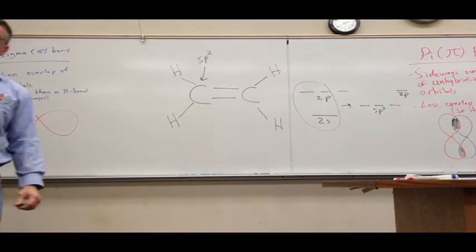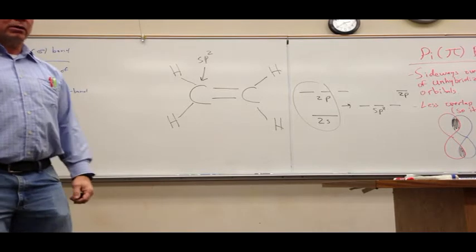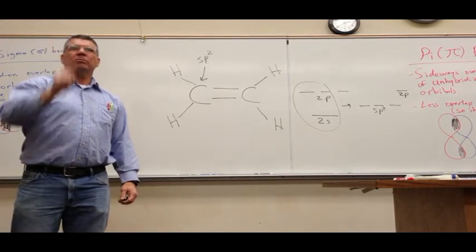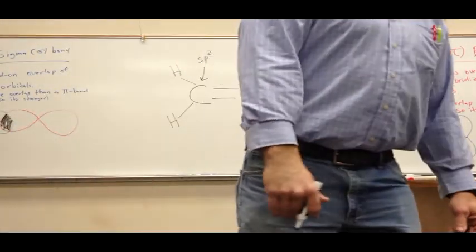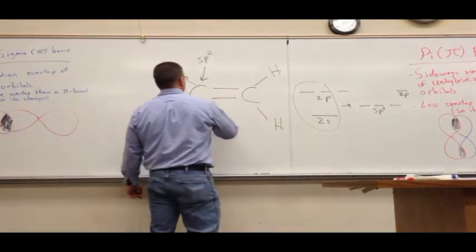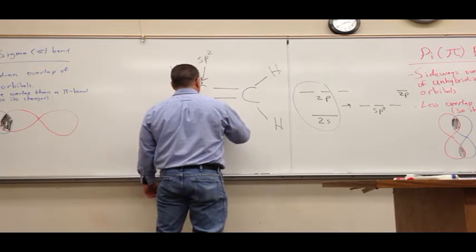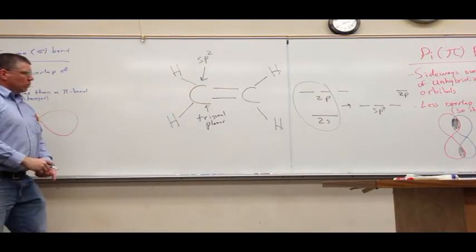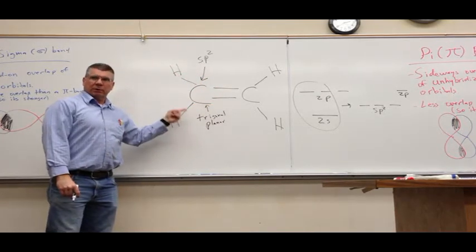I know I'm going back to a previous chapter, but you remember this? Trigonal planar, good. How did you know? Three electron groups, exactly. Which means it's a 120-degree bond angle, approximately, for each of these.